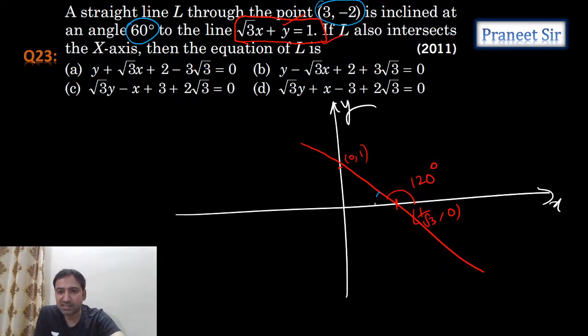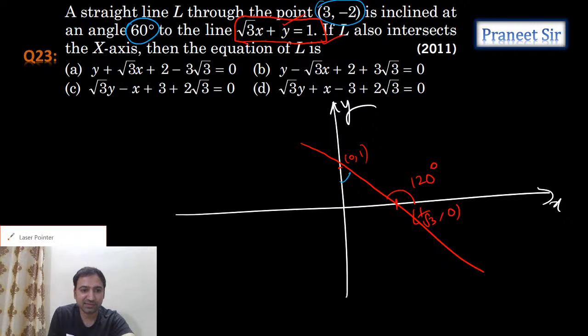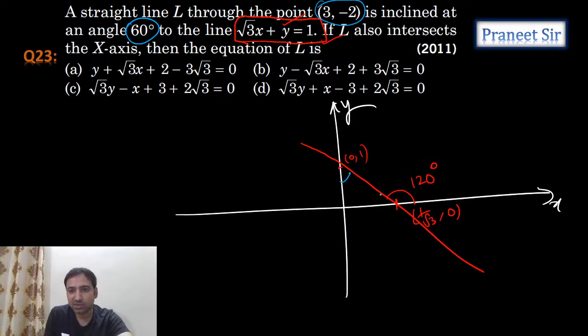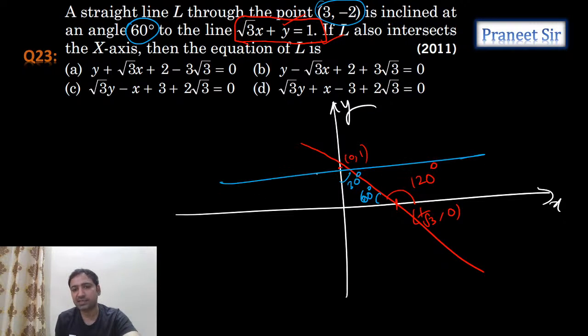I am making a mistake here. These are reversed. So this is 60 degrees and this is 30 degrees. So can I say that all horizontal lines make 60 degrees with this line?